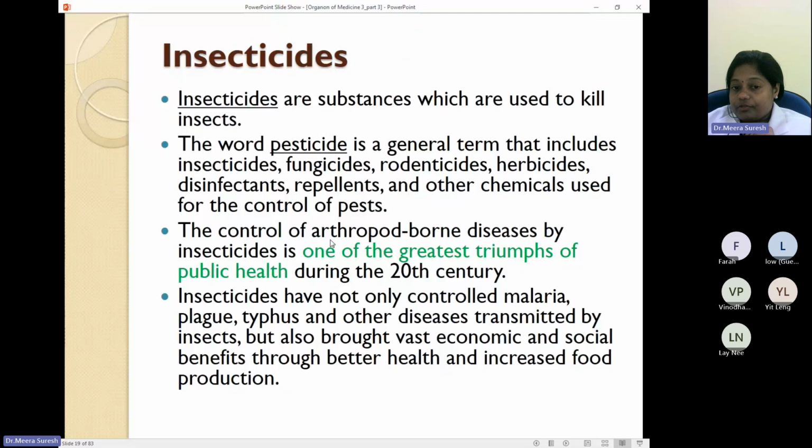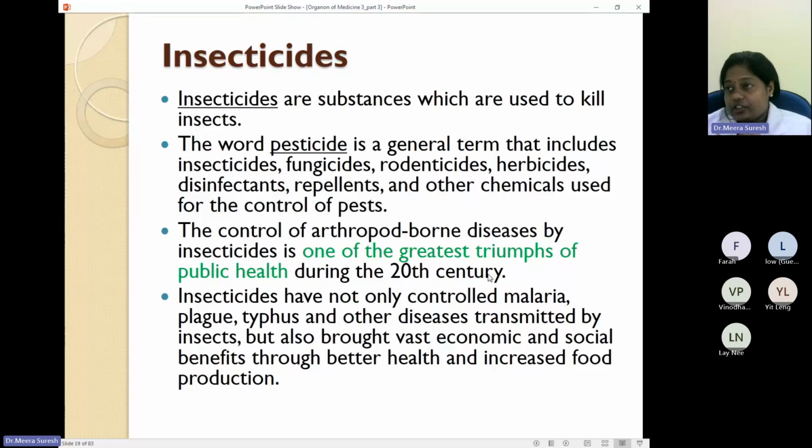The control of arthropod-borne diseases by insecticide was one of the greatest triumphs of public health during the 20th century, because when we learned public health history in epidemiology, we saw that in earlier times it was the communicable diseases that were causing a menace, a high rate of mortality.